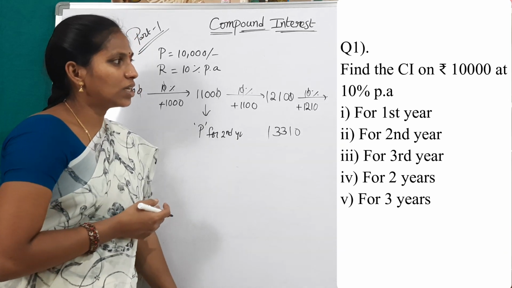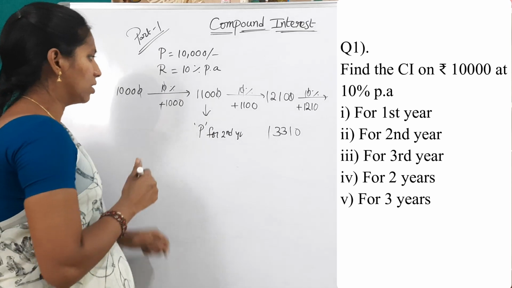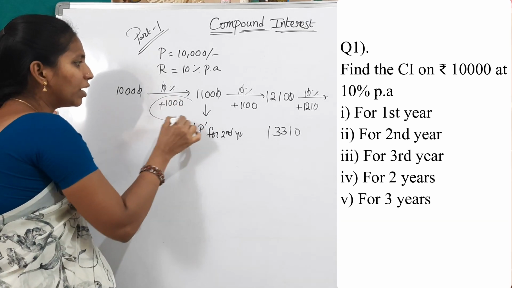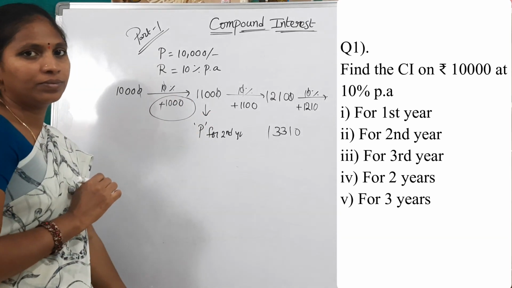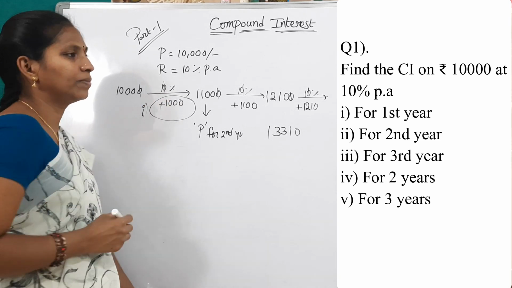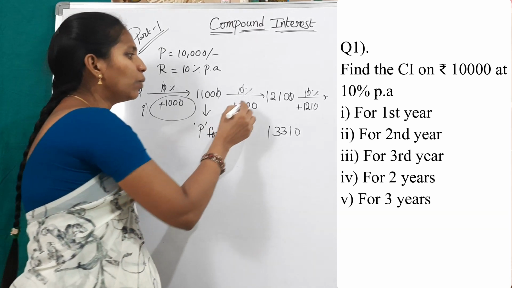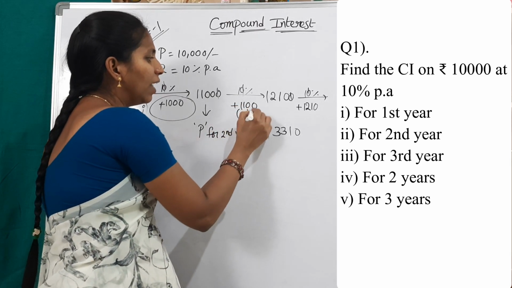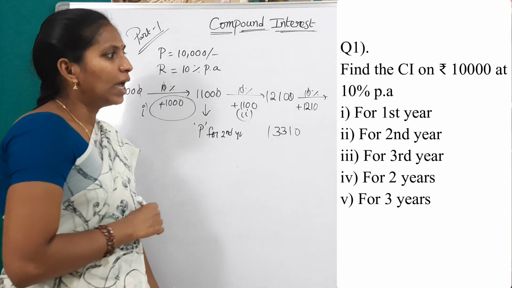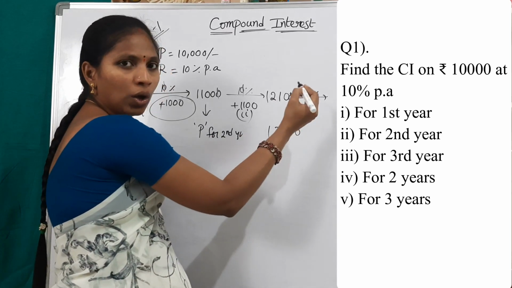Now coming to the questions. First question, for the first year, what is the compound interest? 1000. This is the answer for sub question 1. And what is the second question? For the second year, what is the compound interest? 1100. And for the third year? 1210.